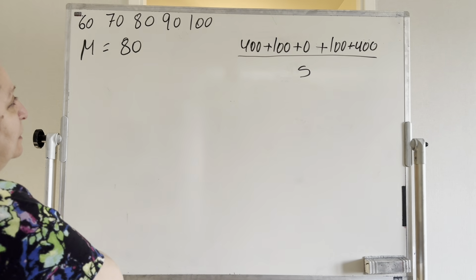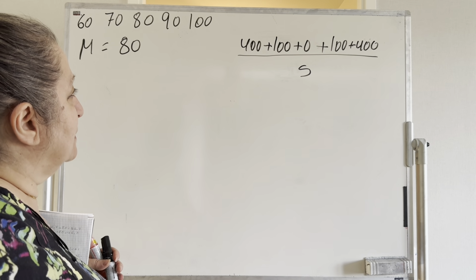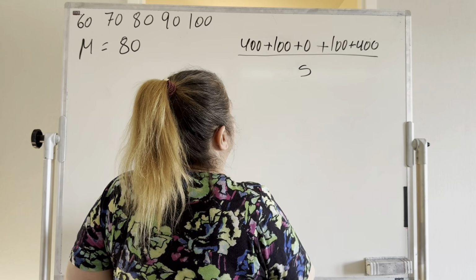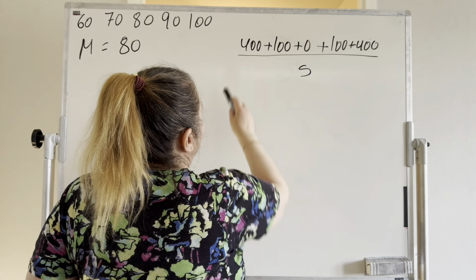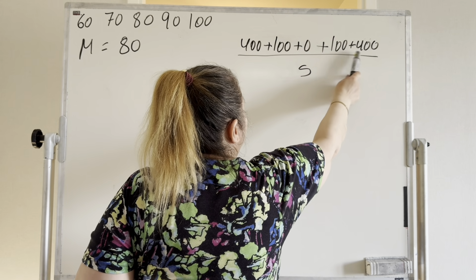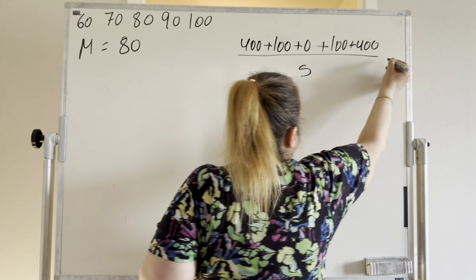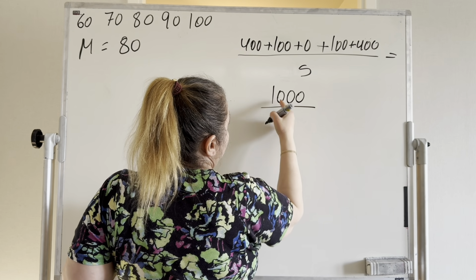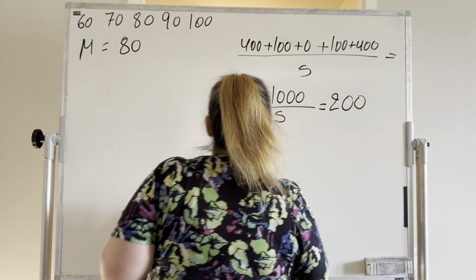Now I add all the values which I squared, the differences: 400 plus 100 plus 0 plus 100 plus 400, divided by 5. 400 plus 100 equals 500, 500 plus 500 equals 1000. 1000 divided by 5 equals 200.